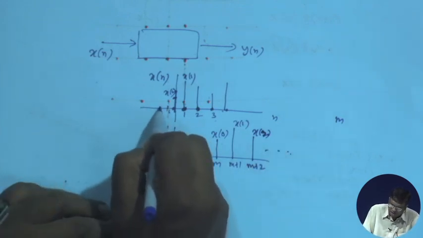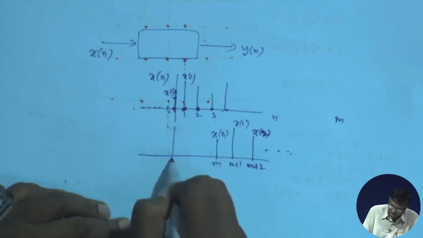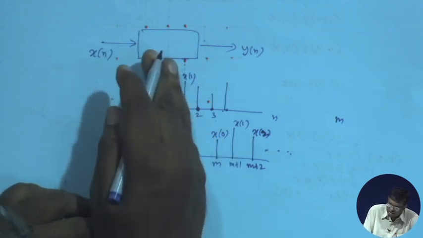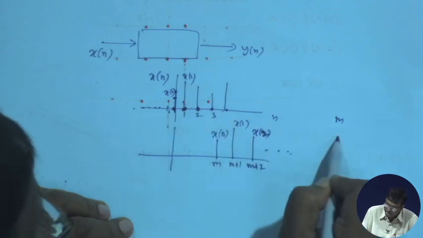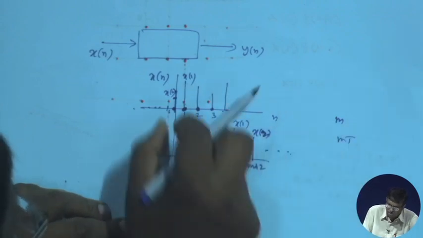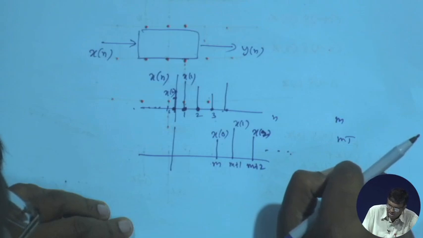Assume that the left side was 0. So this is delayed in terms of actual time by m into T, where T is the sampling period.